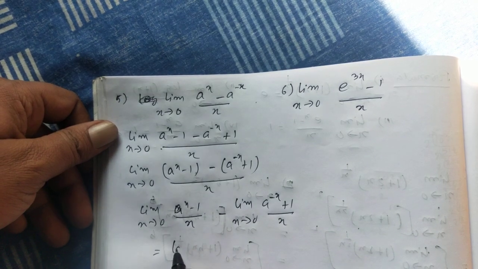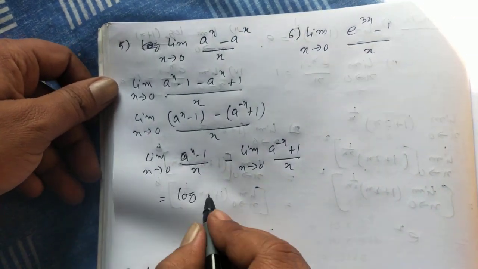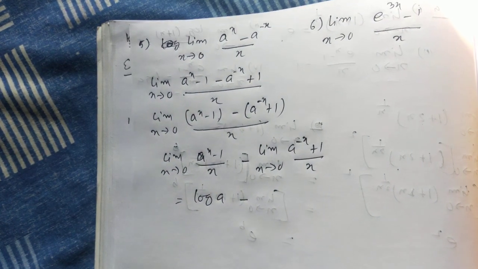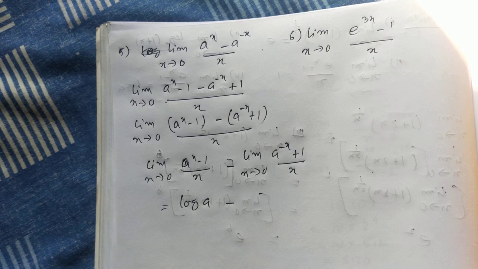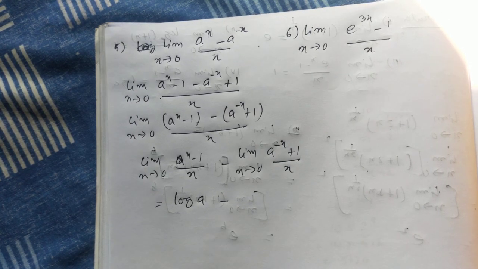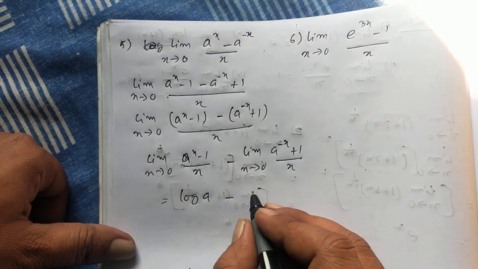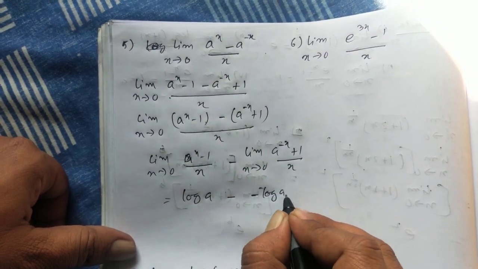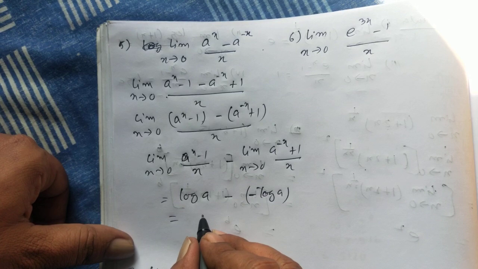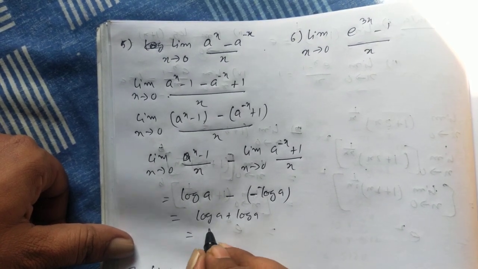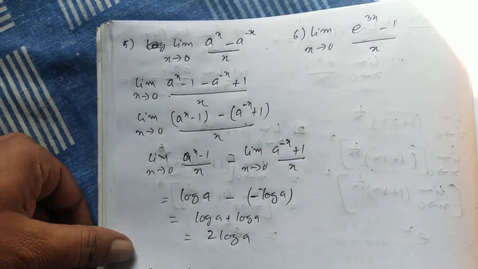For this we have log a, and for this negative power, minus log a. So it will become log a plus log a. 2 log a is the answer.